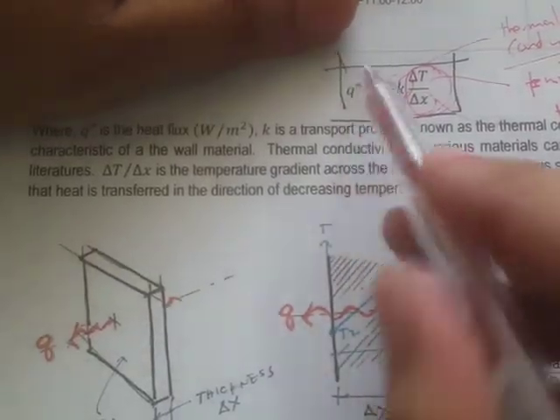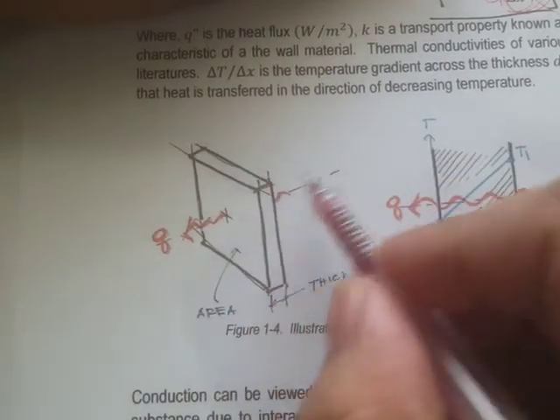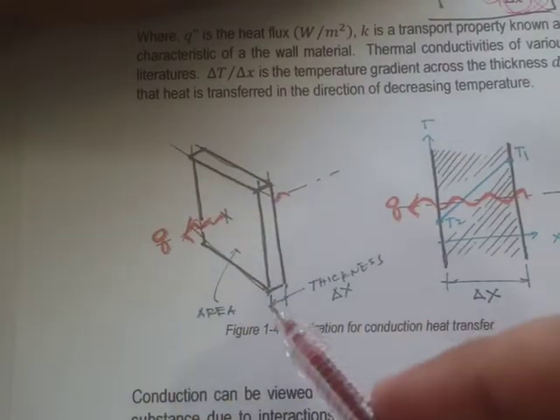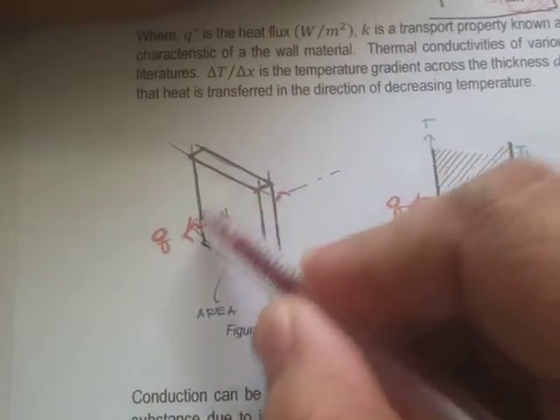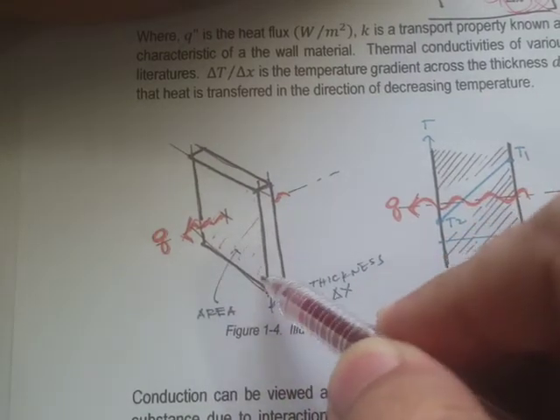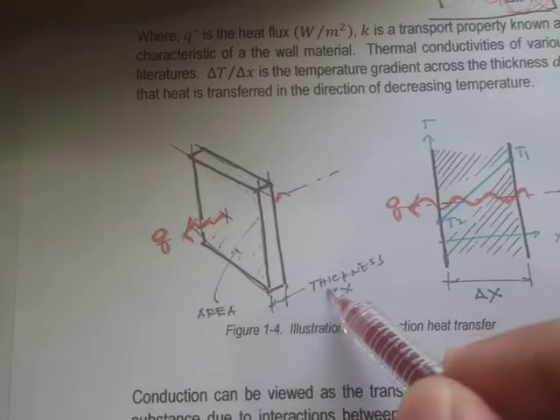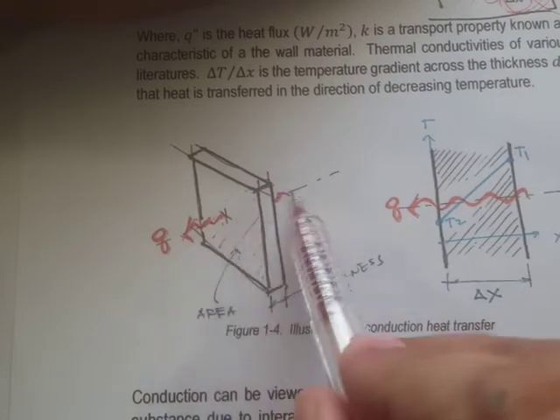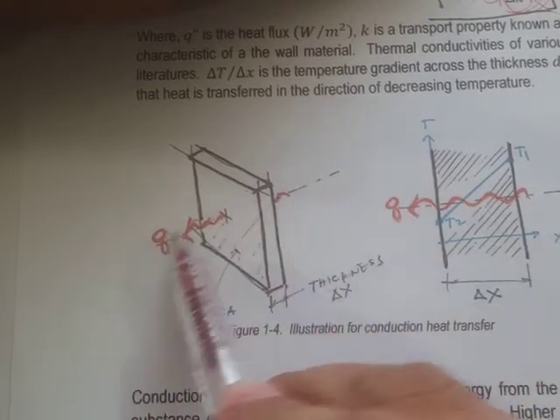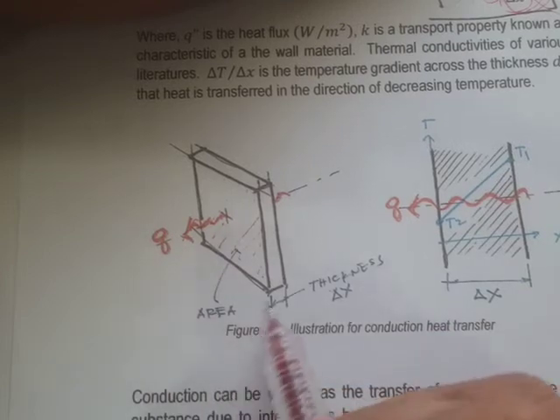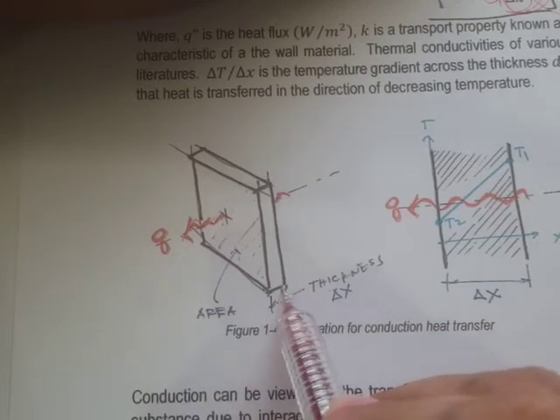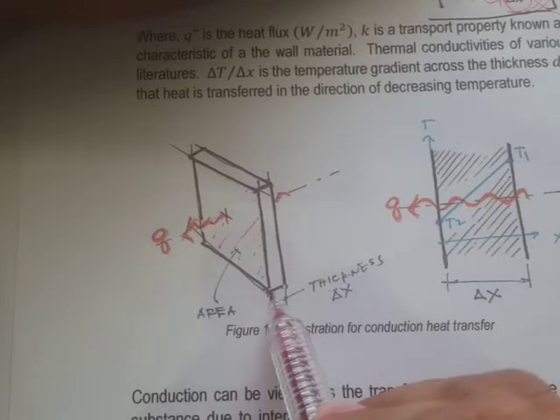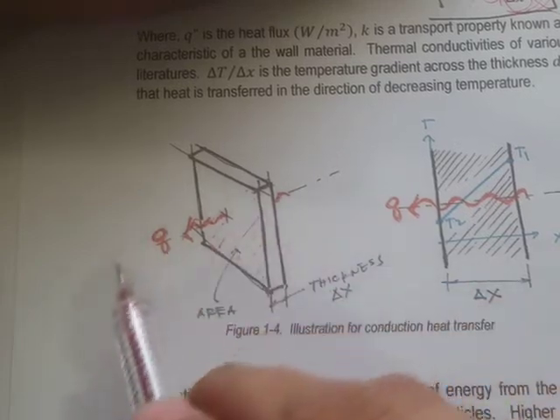Here is the heat flow through a plain wall. The area is perpendicular to the flow of heat, and the thickness is the length dimension that is parallel to the heat flow.